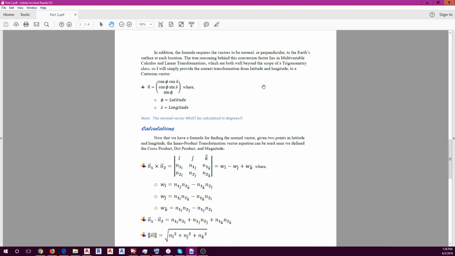So if we think about this normal vector, we're plugging in latitude and longitude coordinates. But latitude and longitude are directions, which is precisely why we can wrap around the Earth in the same direction over and over again. It's precisely why 0 degrees latitude is the same as 180 degrees, which is the same as 360 degrees, and so on.